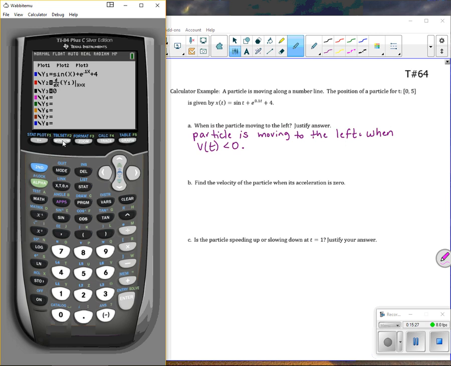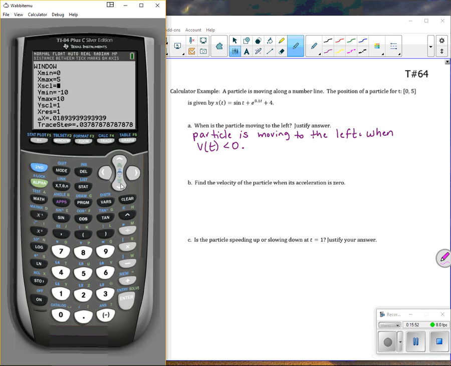Now, with my window, notice it says t going from 0 to 5. So why do I need to look anywhere but 0 to 5? There's no point in doing that. So I'm going to put my time to be 0 to 5. And then I'm trying to see when it's 0. I could leave it negative 10 to 10.